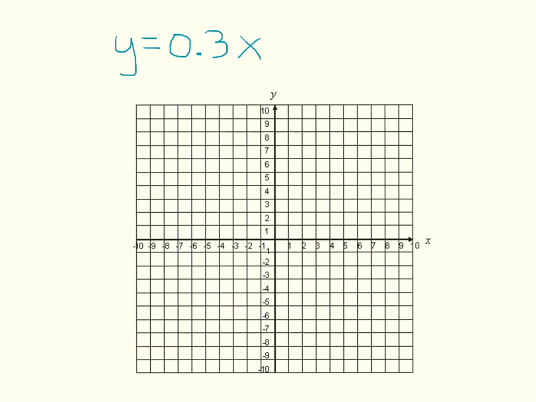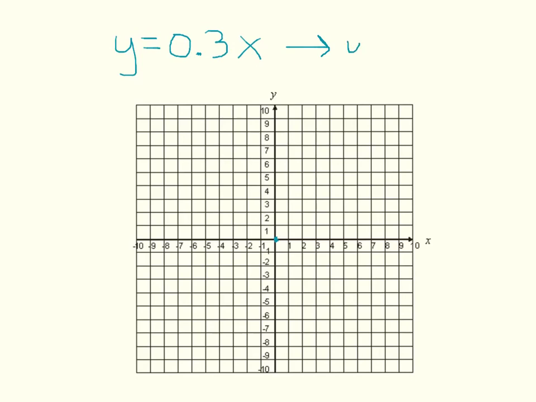And here's our very last graph, the equation y equals 0.3x. So this time we have a decimal, which makes things a little bit more complicated, but not too bad. We don't really want to think about going up 0.3 over 1, so how can we rewrite this equation? 0.3 is 3/10.